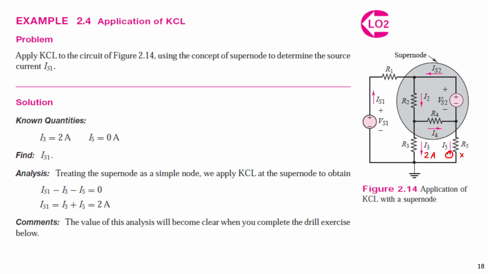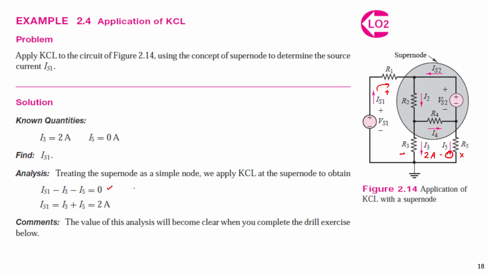Okay. Then we can formulate the problem: IS1, I3 and I5, right? If the current flowing into the node is positive, then flow out is negative. So our formula will be IS1 minus I3 minus I5 is 0, right?